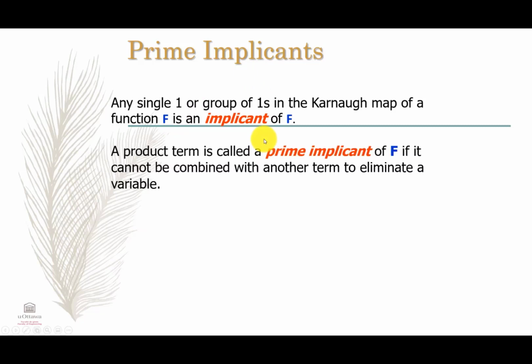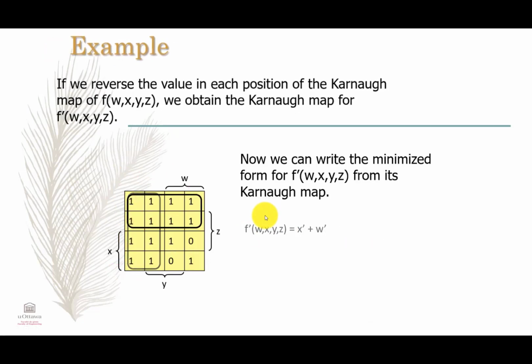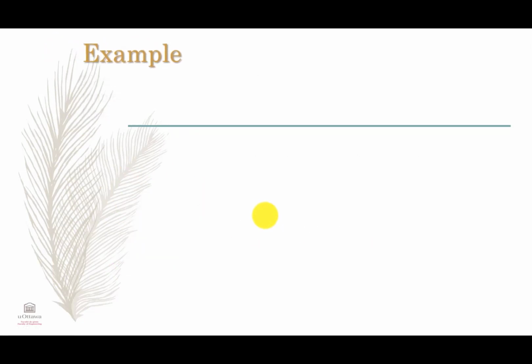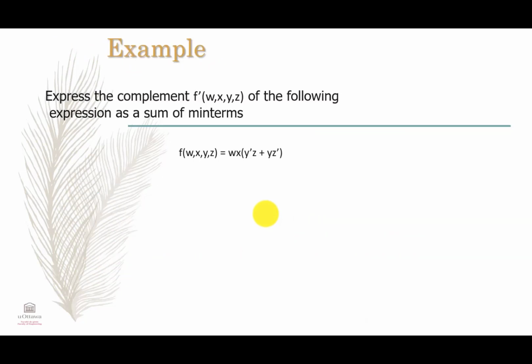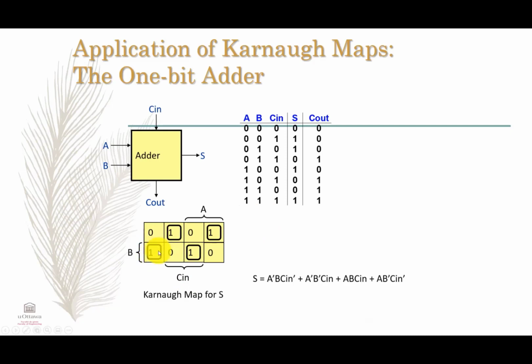The important thing is what's called the prime implicant. The prime implicant is a product term that is called a prime implicant of f if it cannot be combined with another term to eliminate a variable. So if you remember when I showed you here for the sum, those ones are called the prime implicants because we cannot group them to eliminate anything.